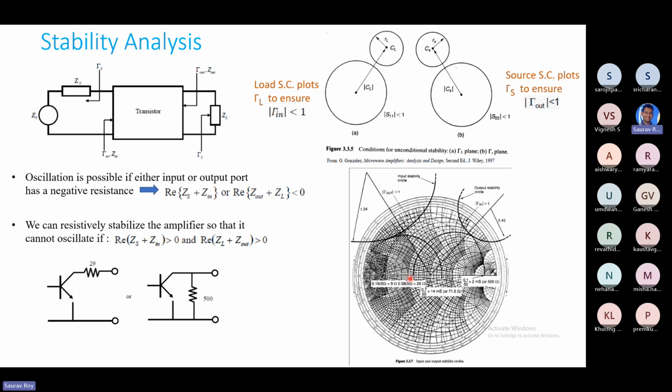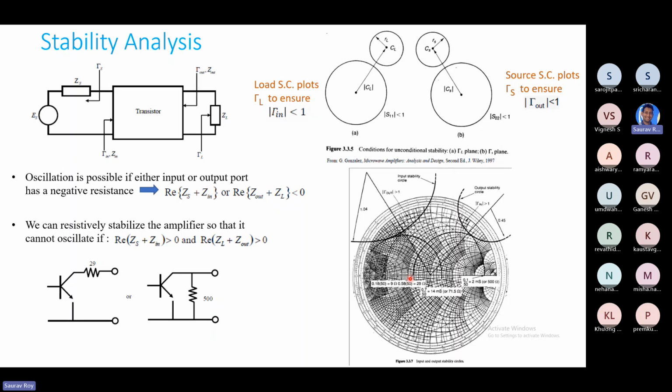No, it is related to gamma. As I told you, we plot gamma only here. Gamma is the reflection coefficient, and you have to remember it is a complex number. If you plot a complex number, what will be the x and y axes?